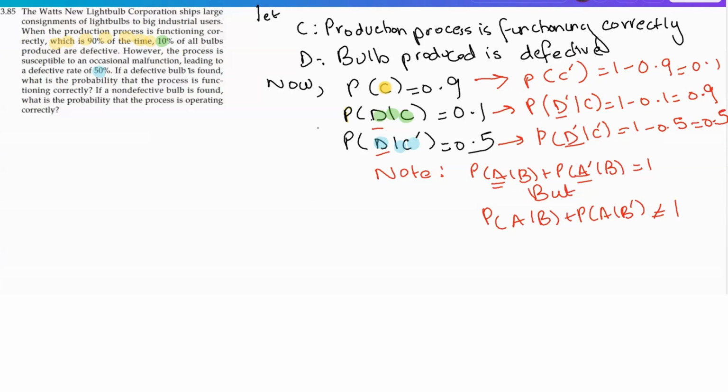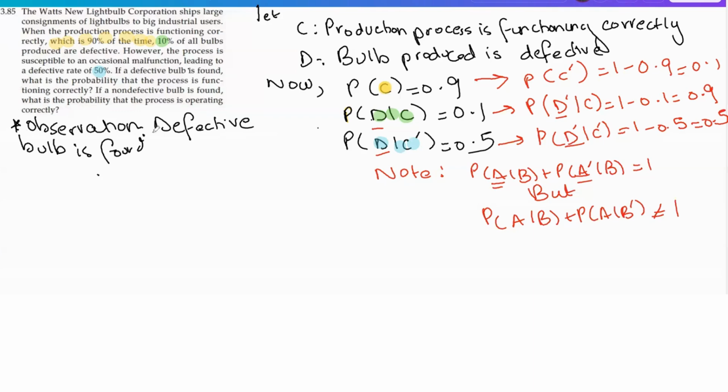Now we can finally see what we want to find. We're told if a defective bulb is found, so our observation is that a defective bulb is found. Now, where is this given to us in the question? Let's just look at that.